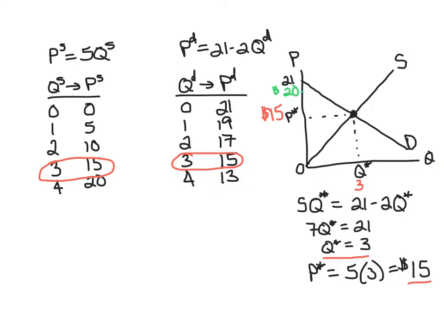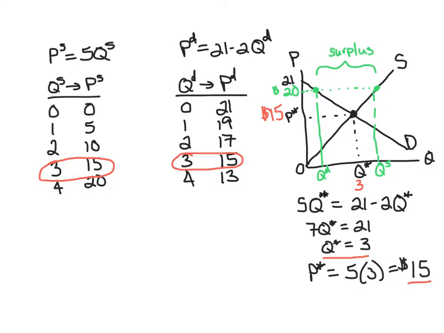So not surprisingly, we see in the graph that at $20, the quantity demanded will be lower than the equilibrium, and the quantity supplied will be higher. So we're going to have a higher supply than we have demand, so we're going to have a surplus or an excess supply of our product.